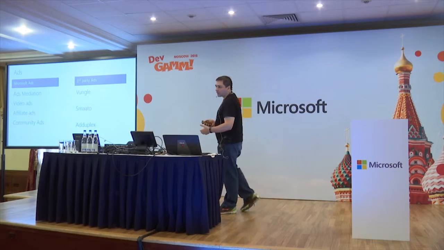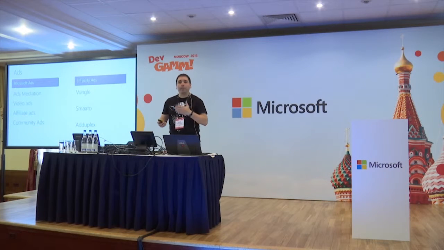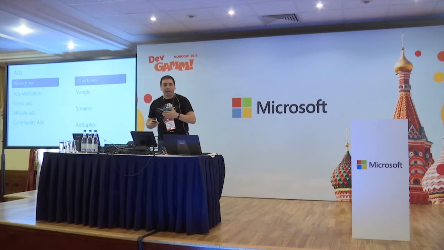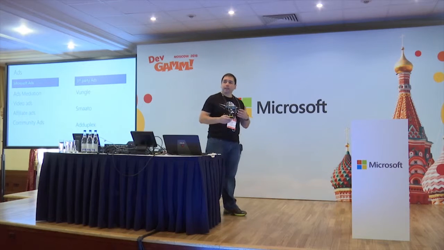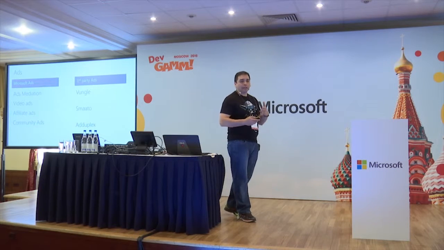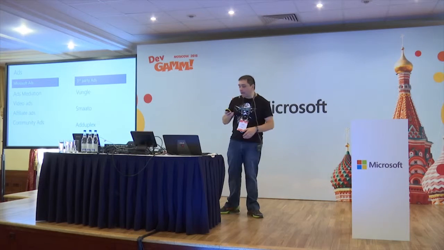And then we also have this thing called community ads, which are free ads that you exchange with the community. You can use these for them to promote your game or for you to promote their game. And with mediation, when you don't have good fill rates, this is a good way for people to take advantage of having that ad space and helping each other out.